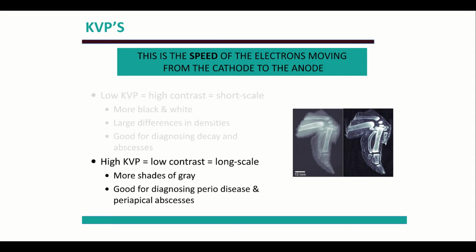When we set our KVPs high, high KVPs will give us low contrast. So high KVPs, a high setting, is going to give us a lot more shades of gray. What that's good for is diagnosing periodontal disease.